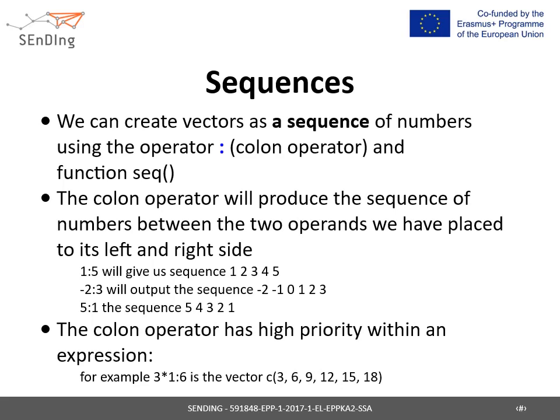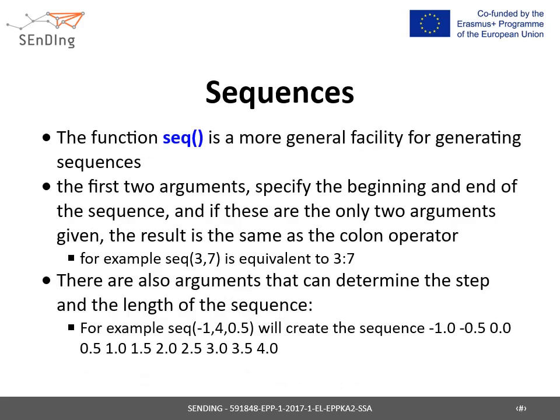The colon operator has high priority within an expression, so, for example, 3 times 1:6 is the vector c(3, 6, 9, 12, 15, 18). The function seq is a more general facility for generating sequences. The first two arguments specify the beginning and end of the sequence, and if these are the only two arguments given the result is the same as the colon operator.